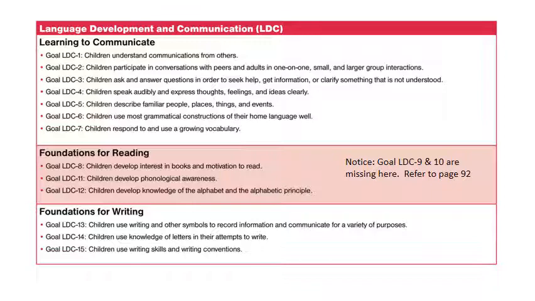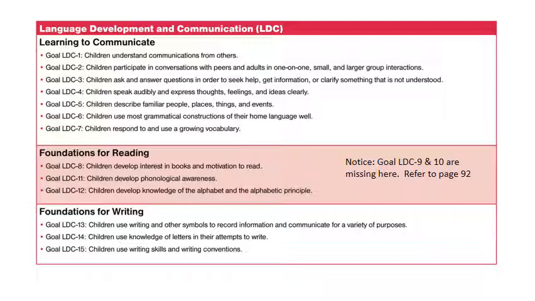But in your Foundations book, the current book, which I believe is in reprint right now, there's a mistake under this page in your Foundations book. In this easy access page, you will notice that under the Foundations for Reading, it skips goal 9 and 10.